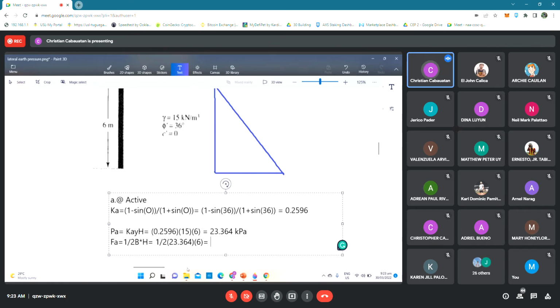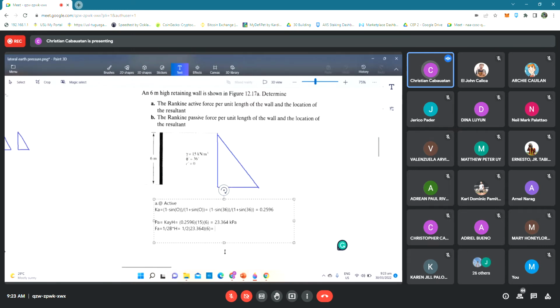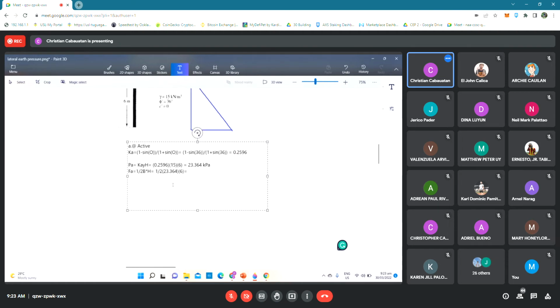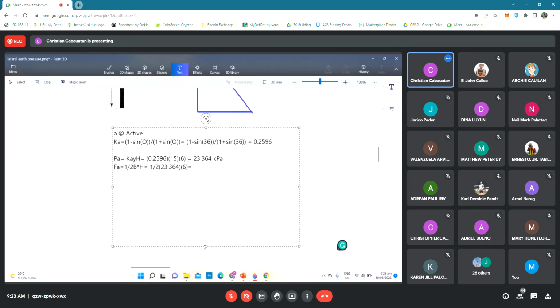Therefore, the answer would be 70.092 kilonewton per meter. Therefore, that is your active lateral earth pressure.